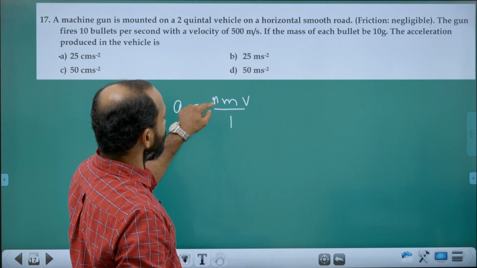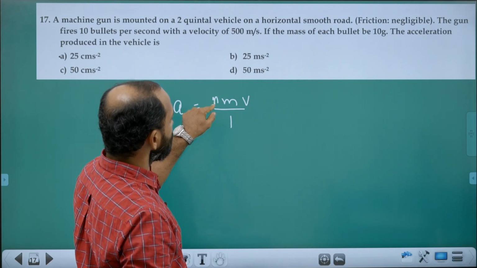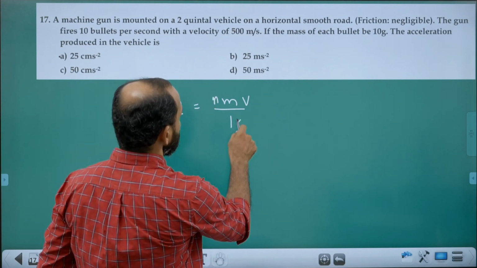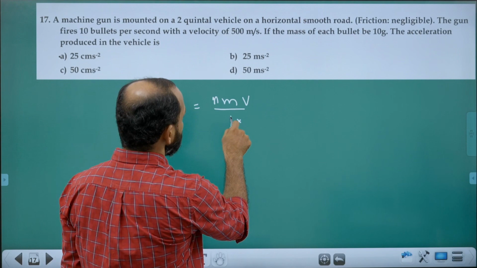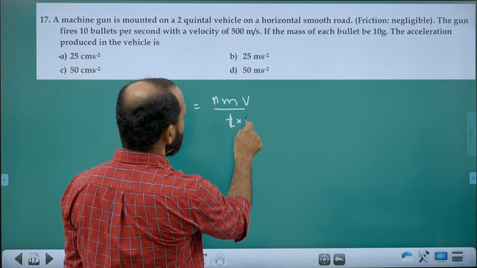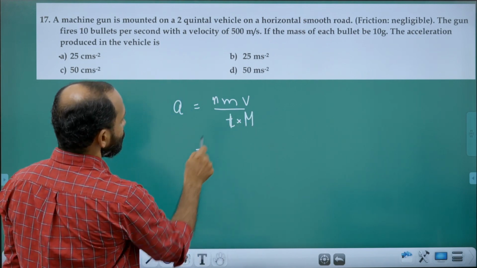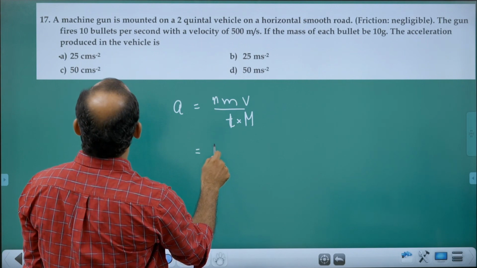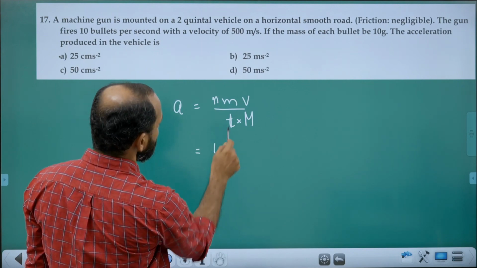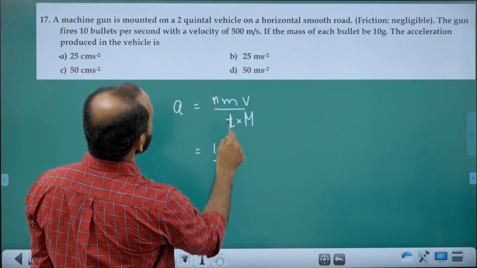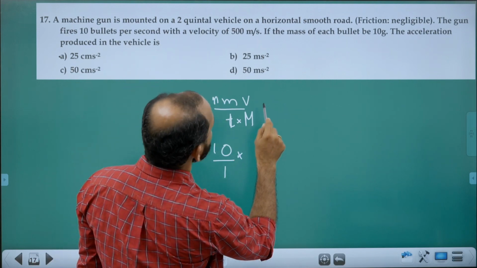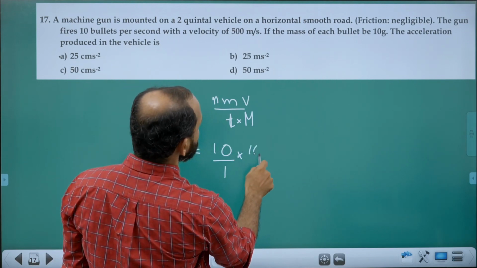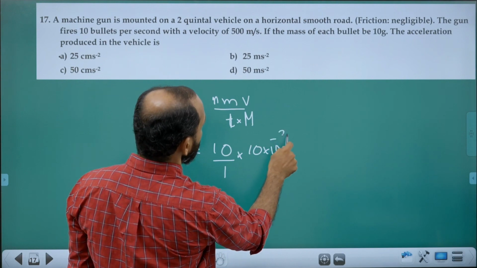In every 1 second, n bullets have been fired. So acceleration will be force by mass, that is n m v by time times mass. n is the number of bullets, 10 bullets, per time of 1 second. Small m is the mass of 1 bullet, that is 10 into 10 power minus 3.